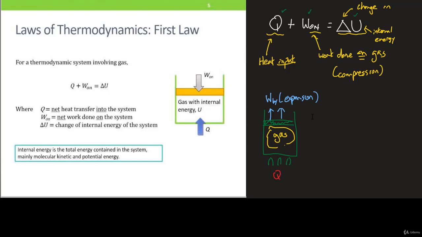Internal energy is just the total energy contained in the system. It includes the molecular kinetic and potential energy. One very quick example: let's say the amount of work you do is 5 joules and the amount of heat you put into the system is 10 joules. That is to say the change in internal energy will be 10 plus 5, 15 joules. So that's how you use this equation. That's the first law of thermodynamics.